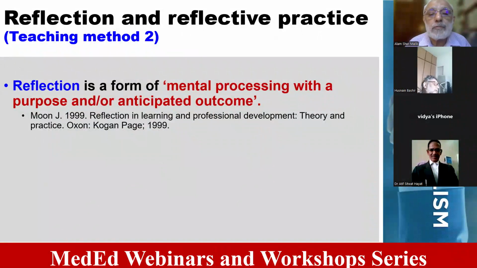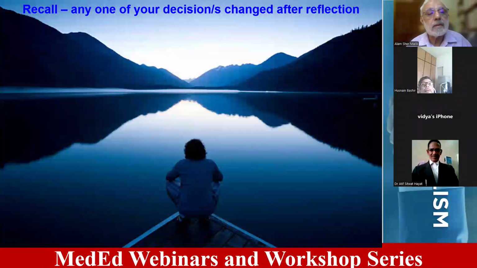Here is a beautiful definition of reflection. Reflection is a form of mental processing with a purpose and an anticipated outcome. I think the more I consider and think about this definition, the more it gives me the idea of what reflection is. Let's just take a moment.